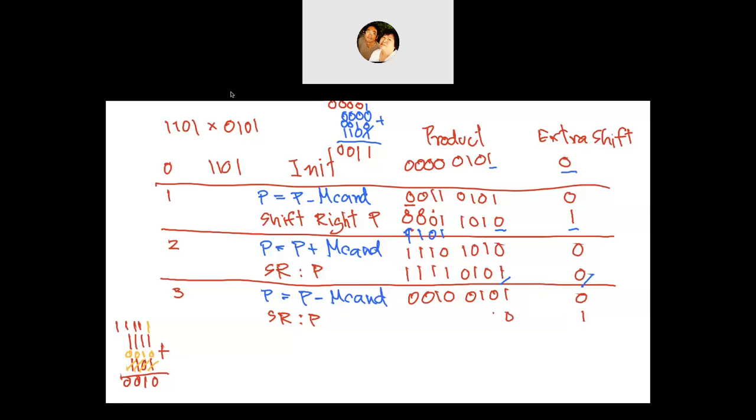And 0, 1, 0, 0, 1, 0, 0. And what should I add to the most significant bit here? I add 0 because the sign extension here is 0, so what I add should be 0 here. And this is the third round.